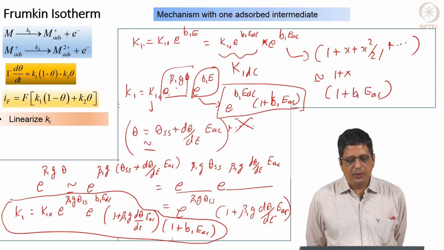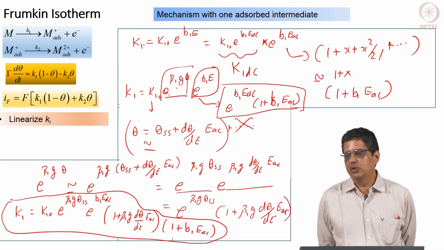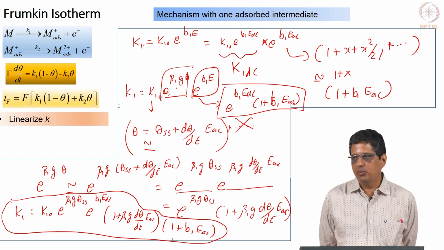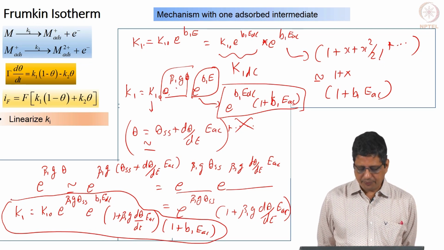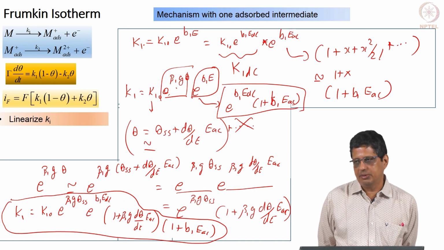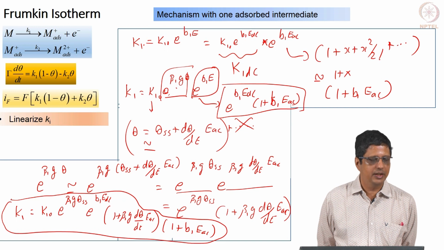Previously I would have just had k10 remaining as it is, e power B1 E giving rise to one term here, 1 plus B1 EAC. Here we have 2 terms, each one having an EAC term.